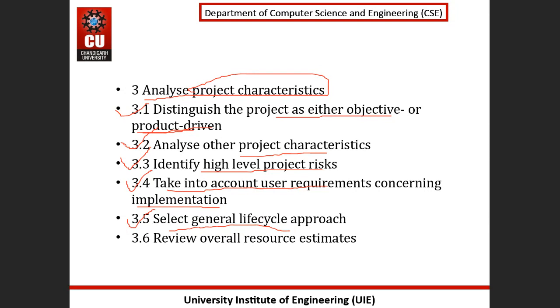Fine. So the last step under this is review all resource estimates. Estimation of what? Estimation of resources, estimation of employees. Once major risks have been identified and a broad project approach has been decided upon, this would be a good point at which to re-estimate the effort and the other resources required to implement the project.